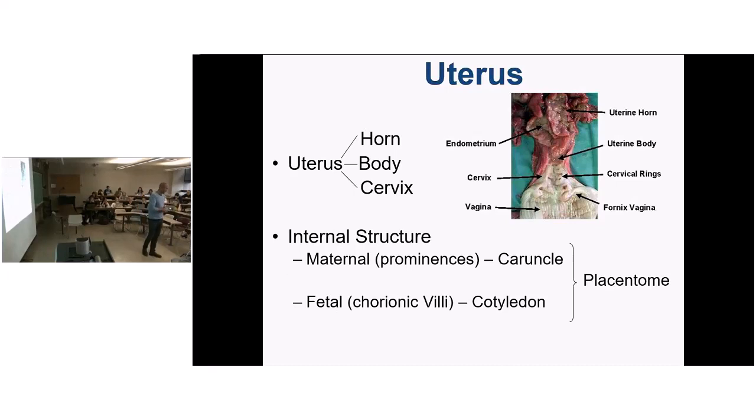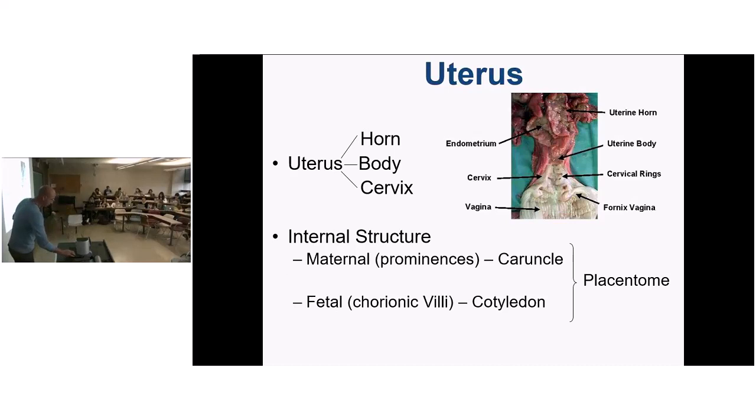In the case of cattle and cows, you're going to have some of those. The idea then is that those dots, for example in cows, will be the places where you're going to have actual attachment with the extraembryonic membranes of the embryo.